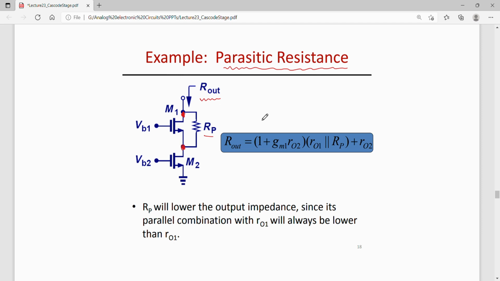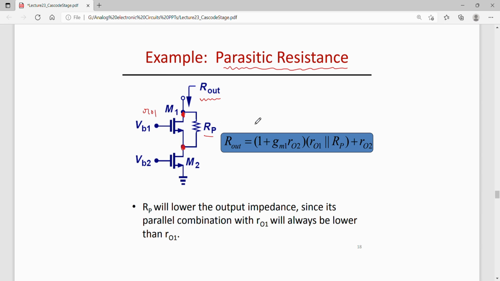So effect of this parasitic resistance on R out is that, apart from RO1 of M1, now RP is also existing in parallel with RO1. So for M1 transistor, now RP is also in parallel with RO1.